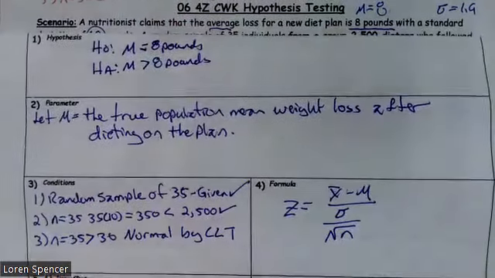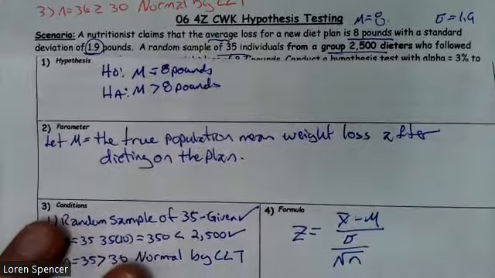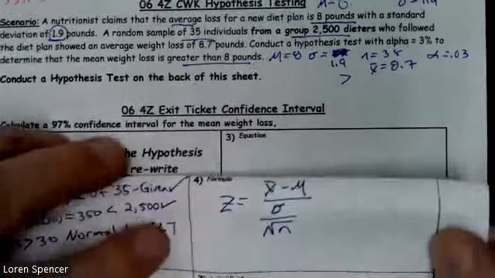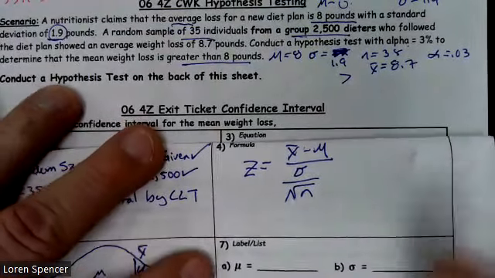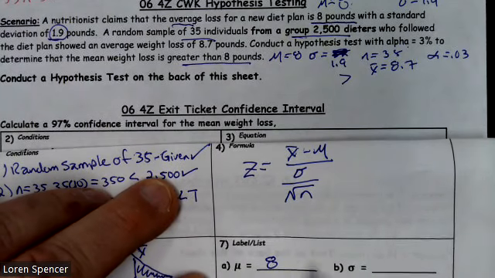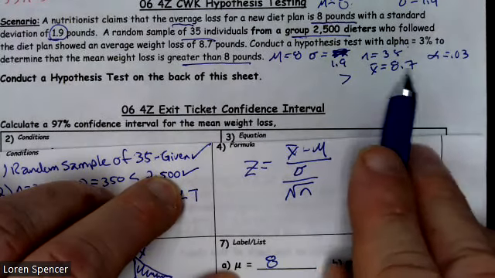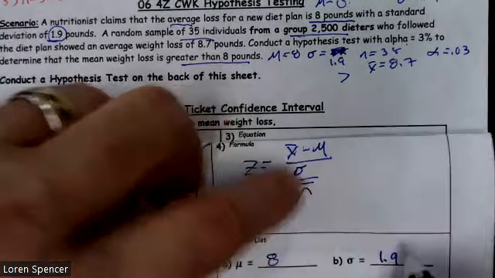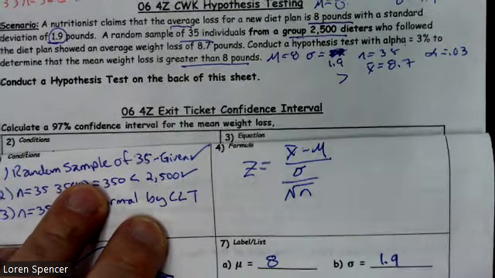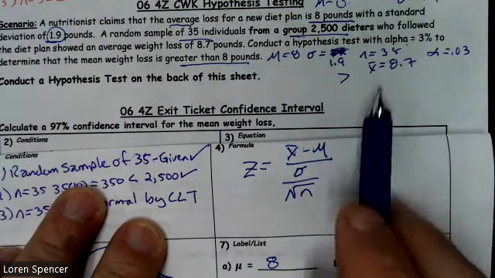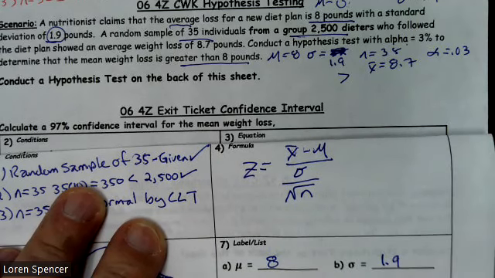All right, so I need to plug in my values. We've already kind of labeled them, but we'll make sure we actually have them. I have a mean of 8, a standard deviation of 1.9, an N of 35, and an X bar of 8.7.